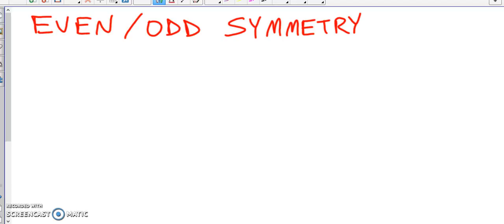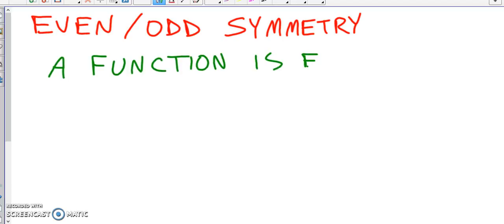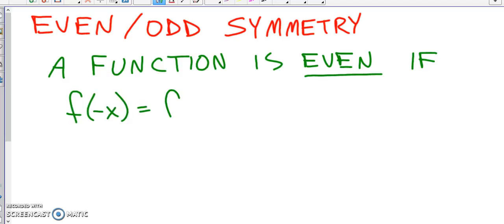I don't think I did in the other class, so we'll write this real quick, considering I'm making a video. If you already have this, you don't have to write it. So a function is even, or has even symmetry, if f of negative x equals f of x.